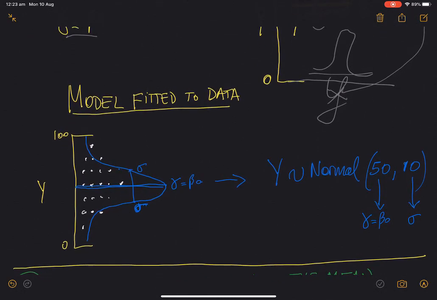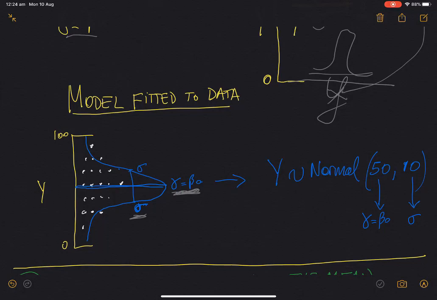So how do we fit the model to the data? Remember I said that gamma or beta 0 we need to estimate from the data, and the sigma too. Now there are other possibilities.